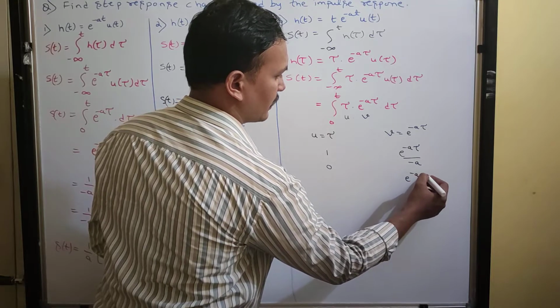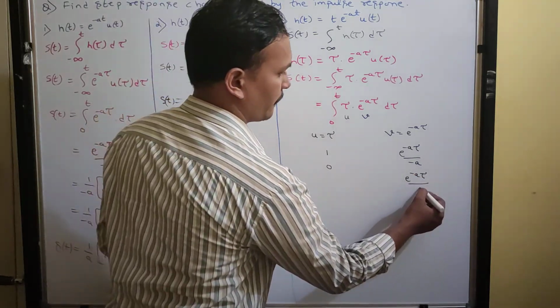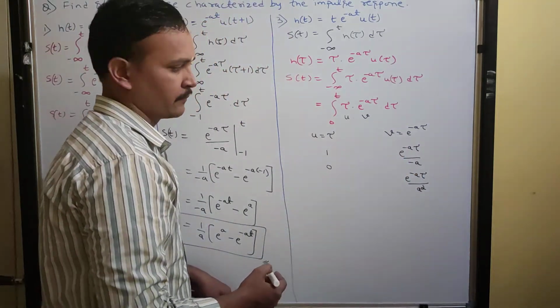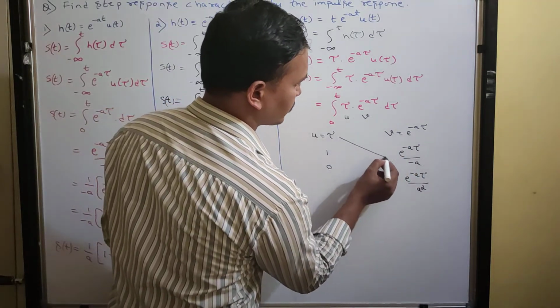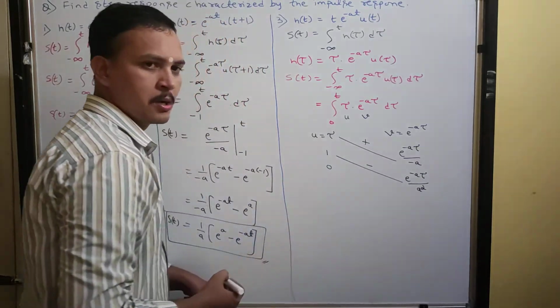While integrating you will get e to the power of minus a tau by minus a into minus a, so you will get a square. Now multiply this into this and this into this. For this you put plus and then you put minus.